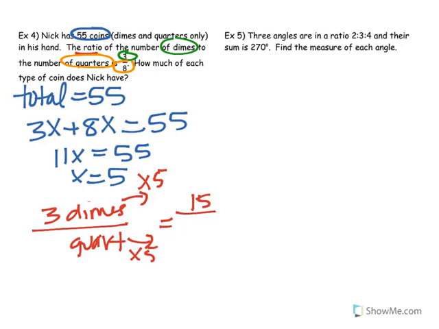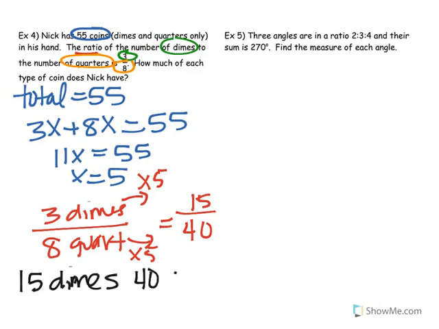The ratio from the beginning was 3 dimes to 8 quarters, okay? So now let's scale that up. 3 times 5 gave me 15. 8 times 5 gives me 40, okay? So what that tells me is I have 15 dimes and 40 quarters. And notice 15 plus 40 is 55 coins in total.